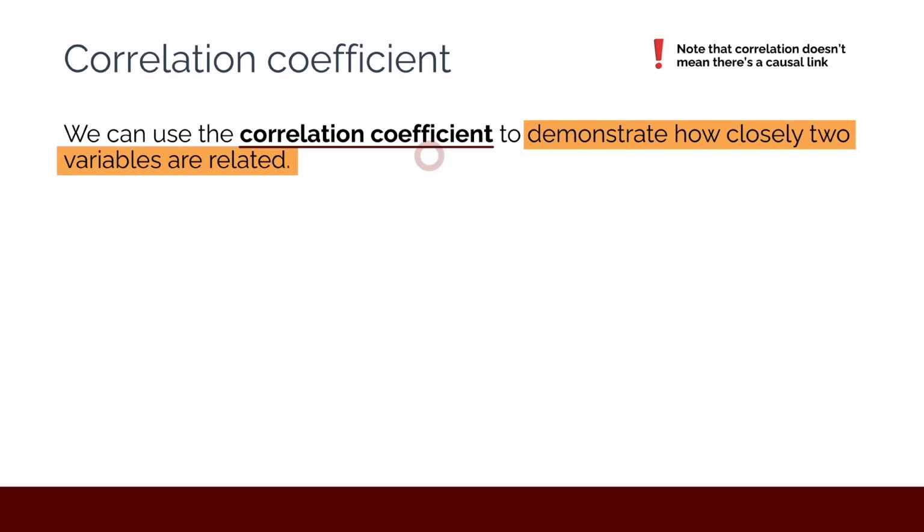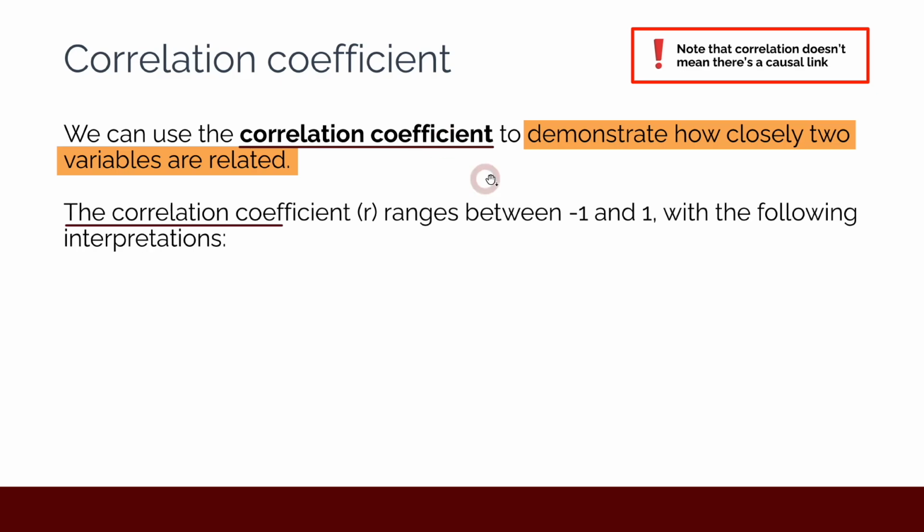And I will also just mention here, it's important to remember that just because two things are correlated, it doesn't mean that there's a causal link, so that one causes the other to happen. It just means that they are related. Maybe you can predict. So if you know one mark and things are very well correlated, you can then predict the other mark with quite high accuracy. Our correlation coefficient is a value which ranges between -1 and 1.